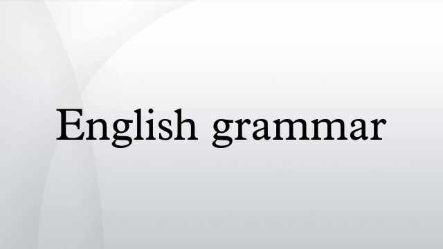Quirk, Randolph. Greenbaum, Sidney. Leach, Geoffrey. And Svartvik, Jan. A Grammar of Contemporary English. Harlow, Longman. Quirk, Randolph. A Comprehensive Grammar of the English Language. Harlow, Longman. PA 1779. ISBN A0-582-51734-6. Schibsbye, Knud.